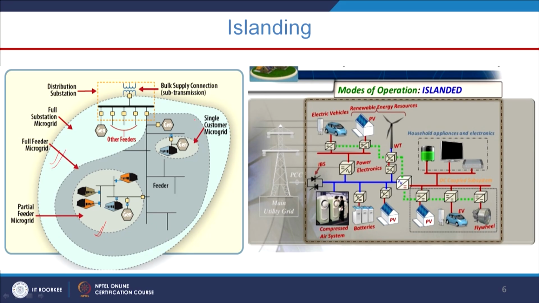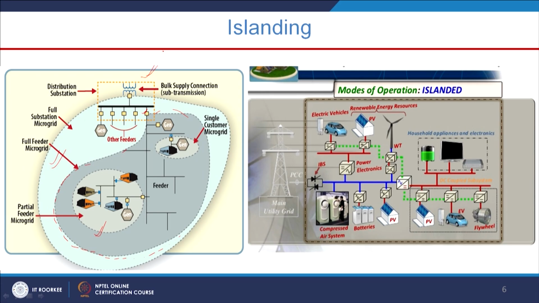Here all the feeders, inside the box, make up the full feeder microgrid system. Let us say due to some reason this particular breaker is open, so the total full feeder microgrid is now isolated from the main grid, and this is our main grid. This is a bulk supply generation or substation.